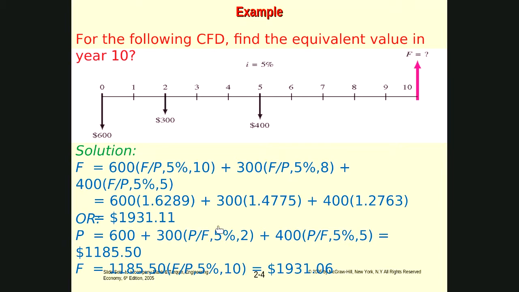Now, what do you have? The 600 is the 600. Is it present, future, or annual? It is a single value placed at year 0, and year 0 represents the present compared to year 10. So is the 600 a present or a future value?